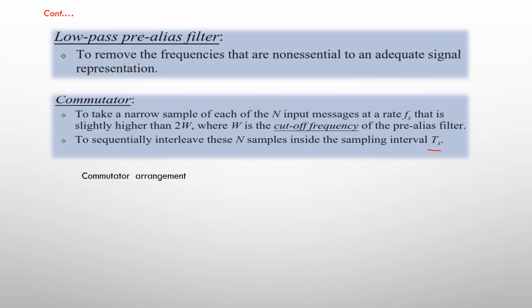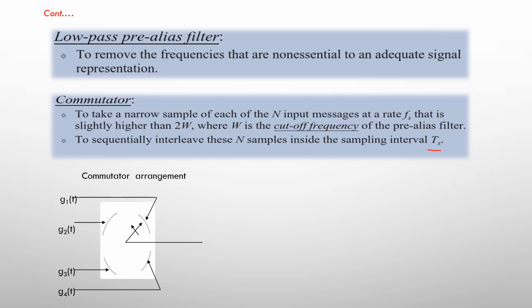So let's consider one commutator arrangement. This is the commutator. We have four message signals G1(t), G2(t), G3(t) and G4(t). At a time the commutator allows only one message signal. For example, the commutator time duration is 1 second, 2, 3 and 4. So this is the interval of the commutator.